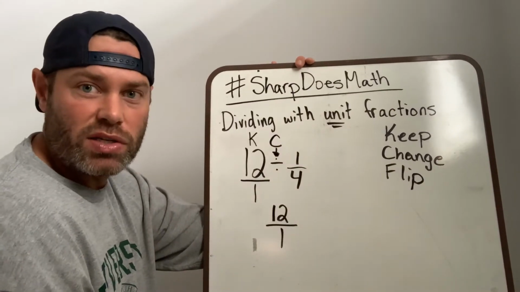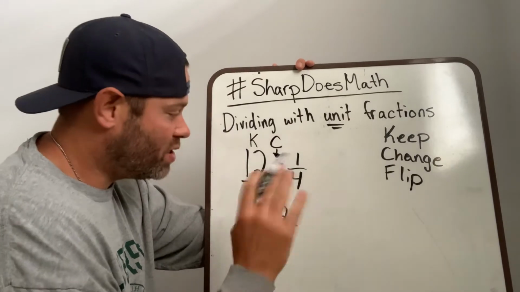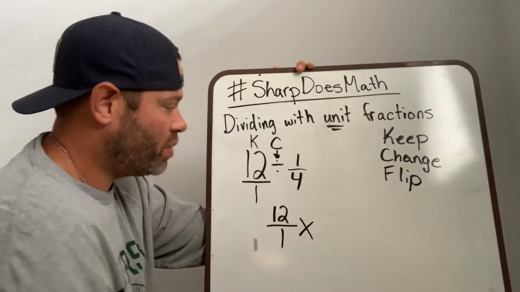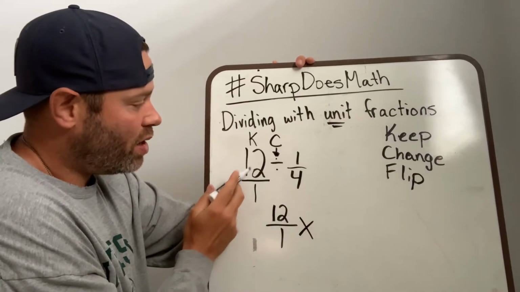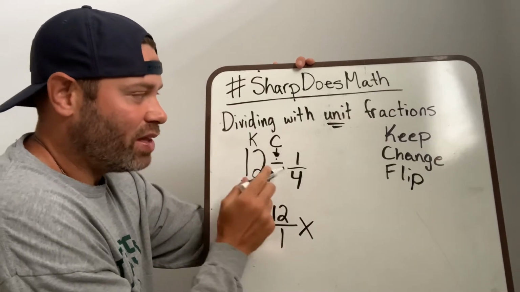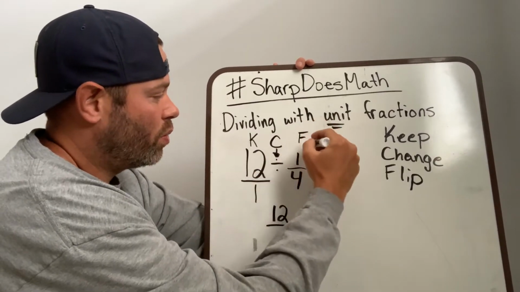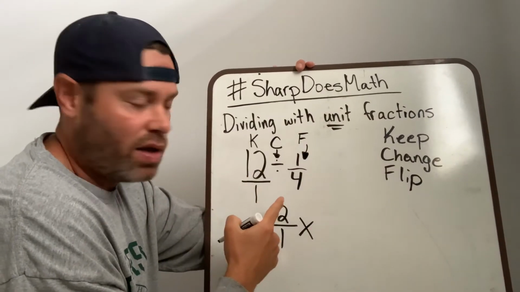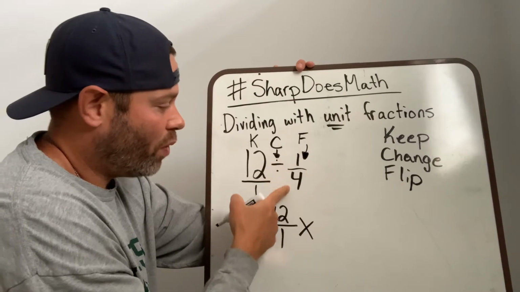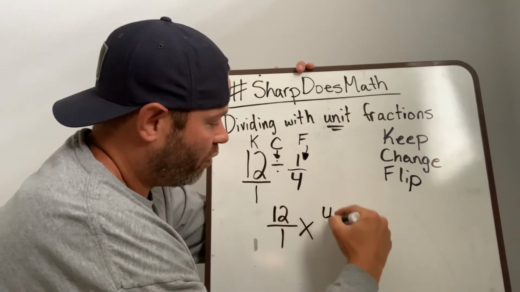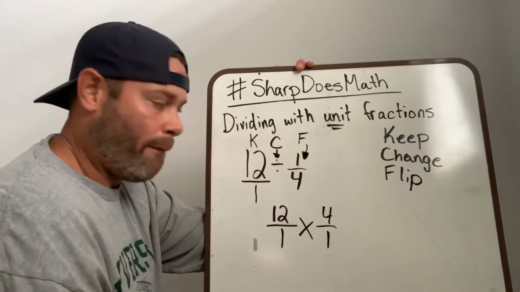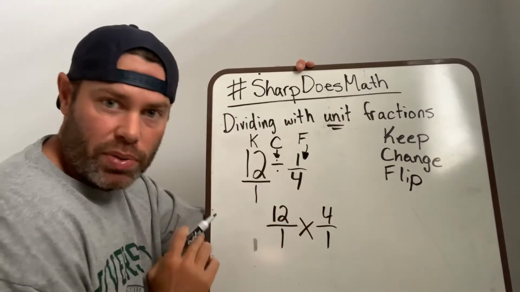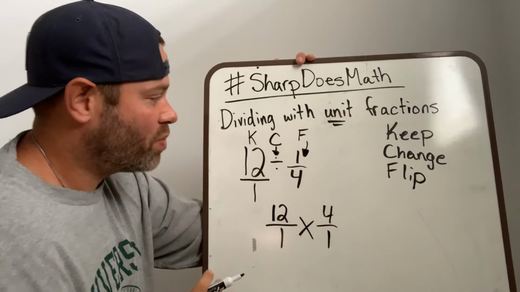The opposite of division is multiplication, so we're going to change this to multiplication. And then the last one, we're going to flip this fraction. Instead of 1 over 4, we're going to flip it to 4 over 1. So we keep, we change, we flip, and that's how we solve these problems.